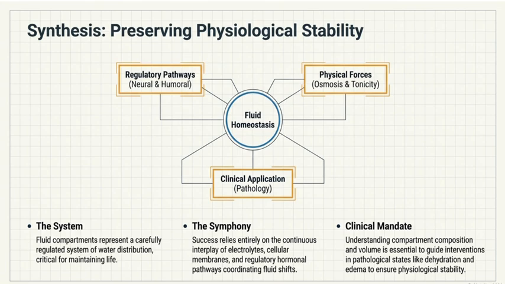Clinical states and disease alter both regulatory pathways and physical forces. So this is not one system working alone, it is a symphony of electrolytes, cell membranes, hormones, capillary dynamics, all together.